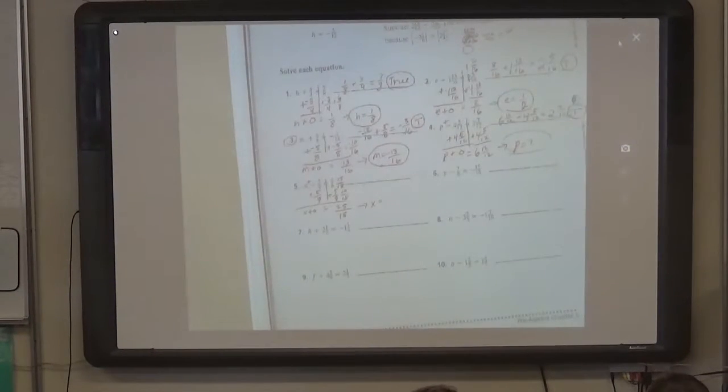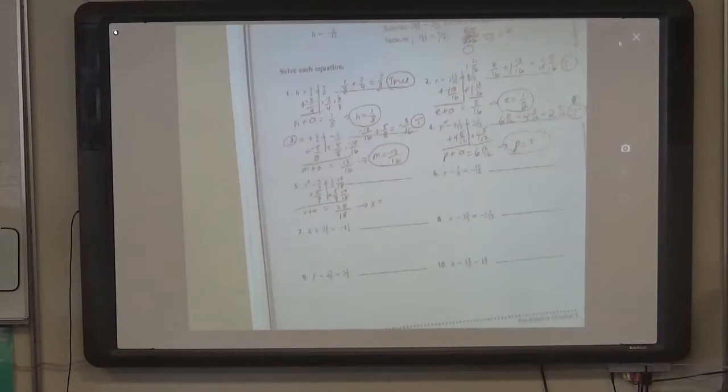So, number 5. You have to add 5 ninths to both sides. So on the right side, you've got 5/6 plus 5/9. And what's the lowest common multiple of 6 and 9? 18.